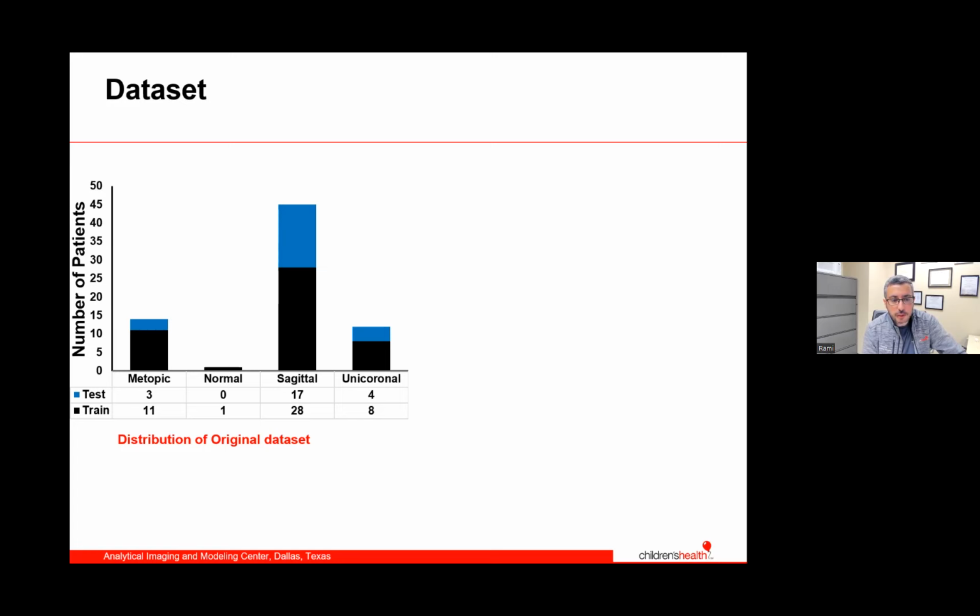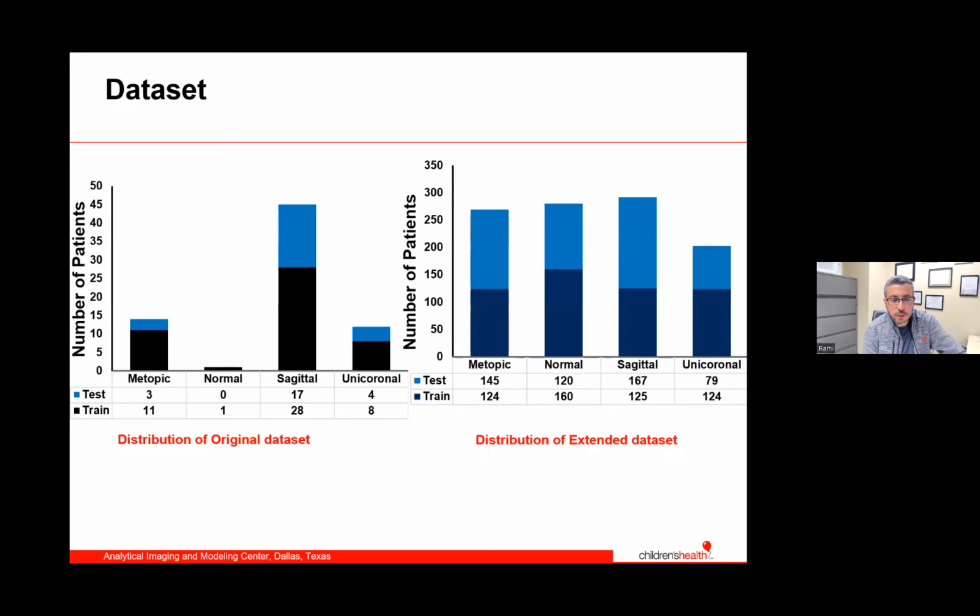The way we went about solving this problem is we went to the internet. We wrote a program that can identify certain phrases like metopic or sagittal or unicoronal from the internet. And we downloaded all the pictures of kids who have metopic, sagittal, or unicoronal craniosynostosis.